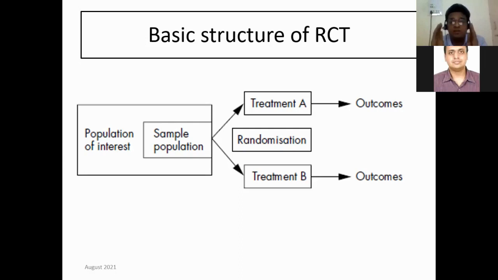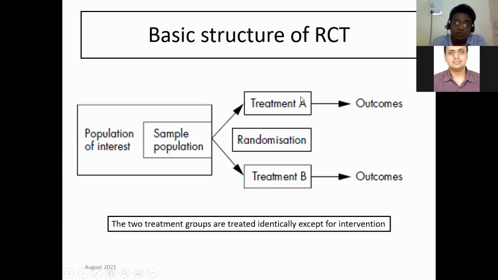The only thing that is different is that the treatment A group receives treatment A, and the treatment B group receives treatment B. Otherwise, everything is absolutely the same. And then you go on and observe the outcomes. So the two treatment groups in a randomized control trial are treated identically except for the intervention.